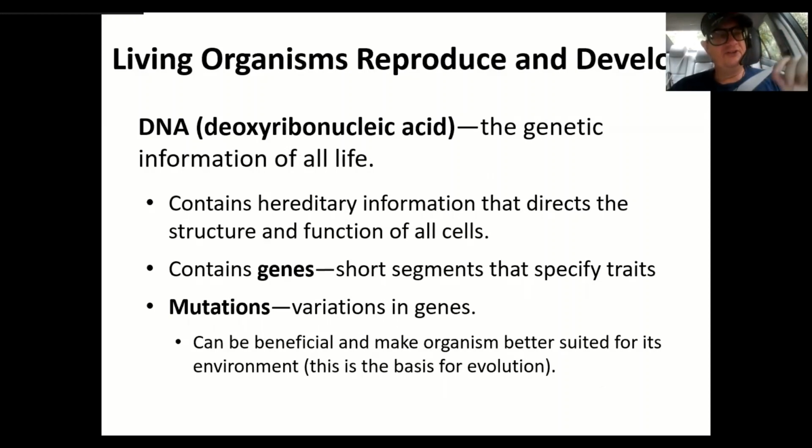I want you to know that little sections of that chromosome, of that piece of DNA, have specific instructions how to make a protein or how to control another gene that makes a protein. A gene is a small sequence of that DNA that has instructions to do something. Usually those instructions are how to make a protein. That's how you control different traits.